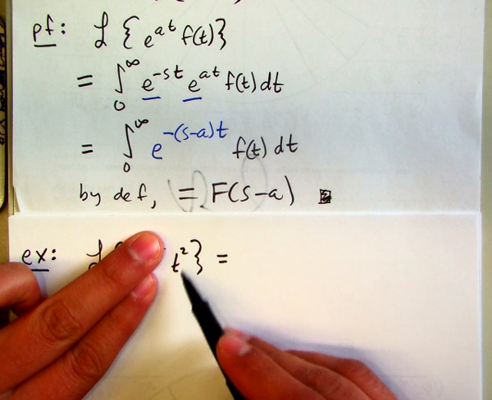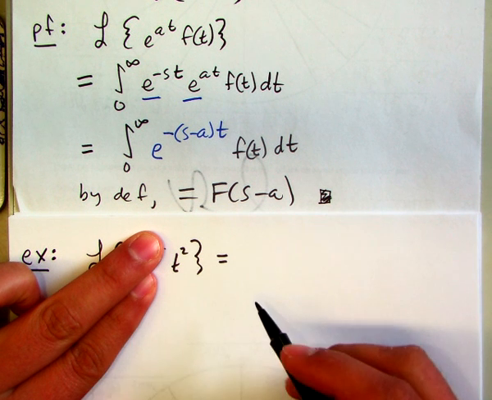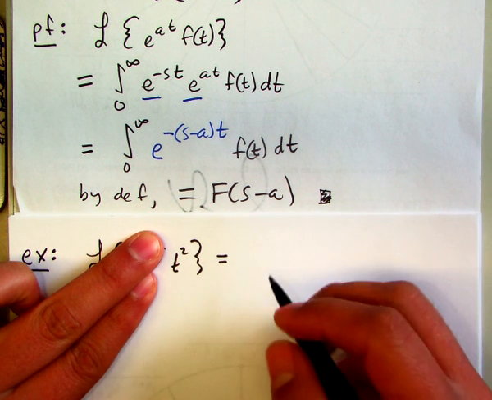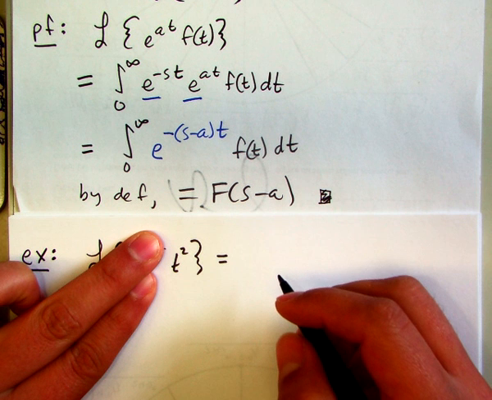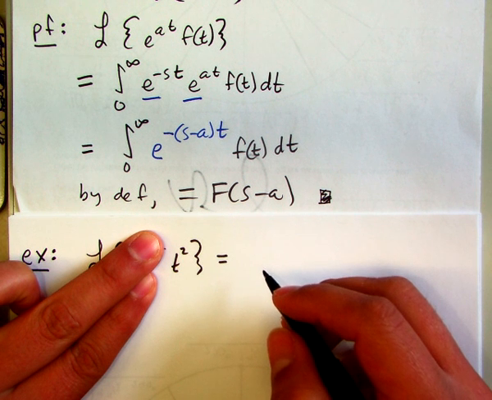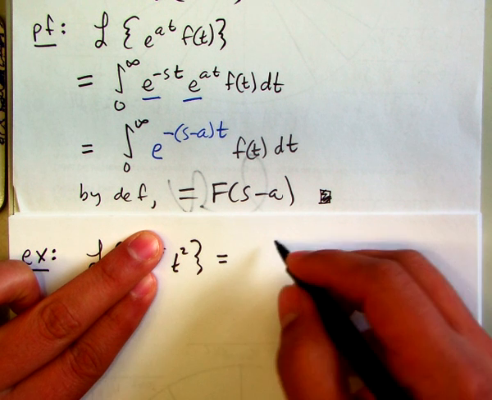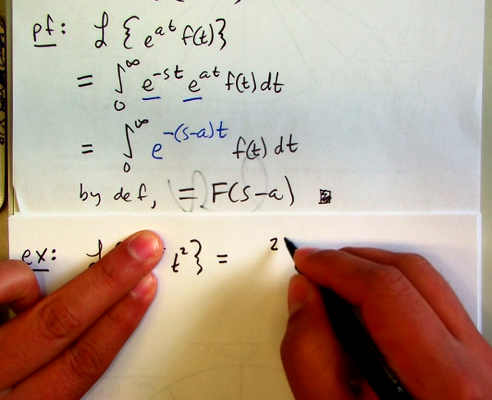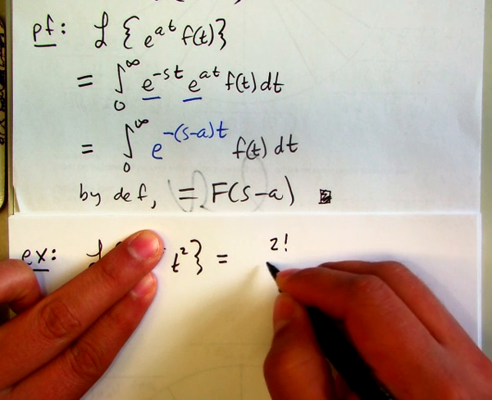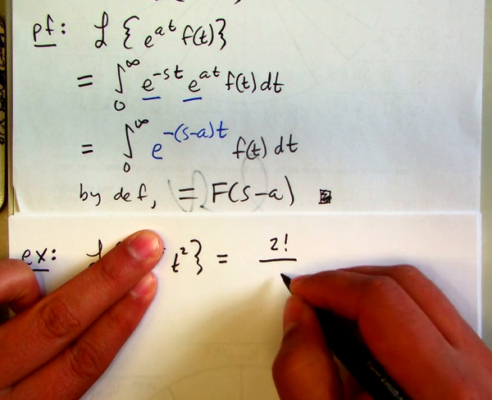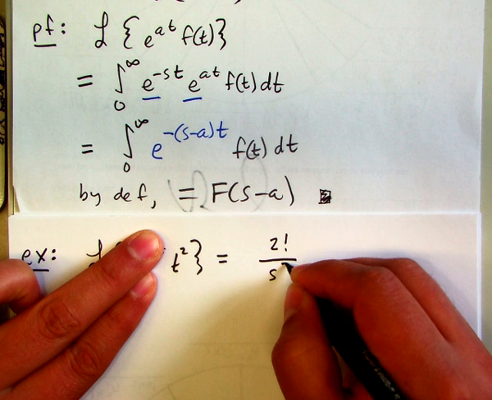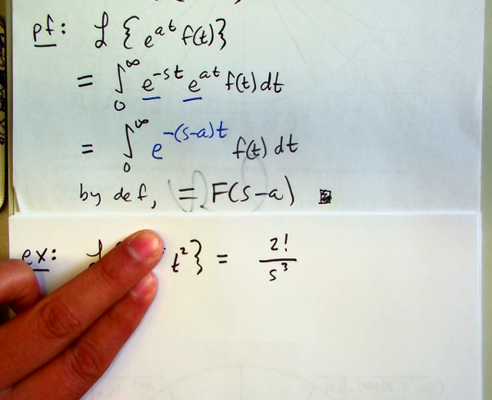The transform for t squared would be what? You guys remember? What is it? 2, well, I'll write it with the factorial, but yeah. 2 factorial, or 2 over s cubed. Right, it's always one more.